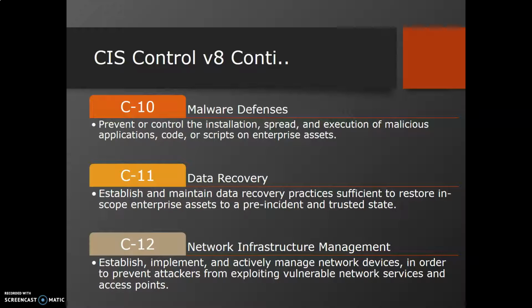Then malware can be controlled through anti-malware software on each and every end user system, like McAfee, Symantec, Carbon Black. And malware can be blocked at the firewall level. We have next generation firewalls like Palo Alto, which can detect the malware and then stop it.